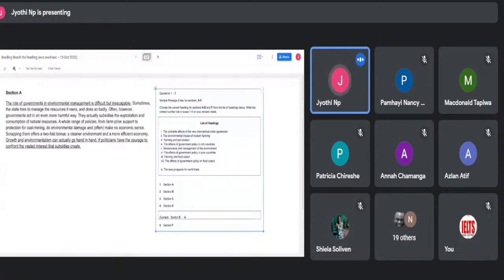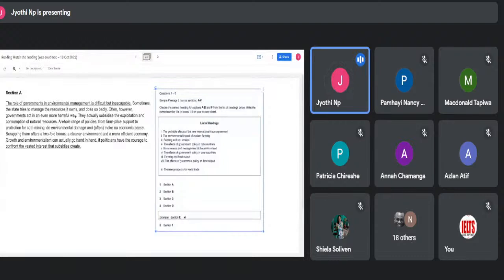So here, what you're supposed to do is find the first two sentences to find the main idea. The topic sentence is, role of governments in environmental management is difficult but inescapable.